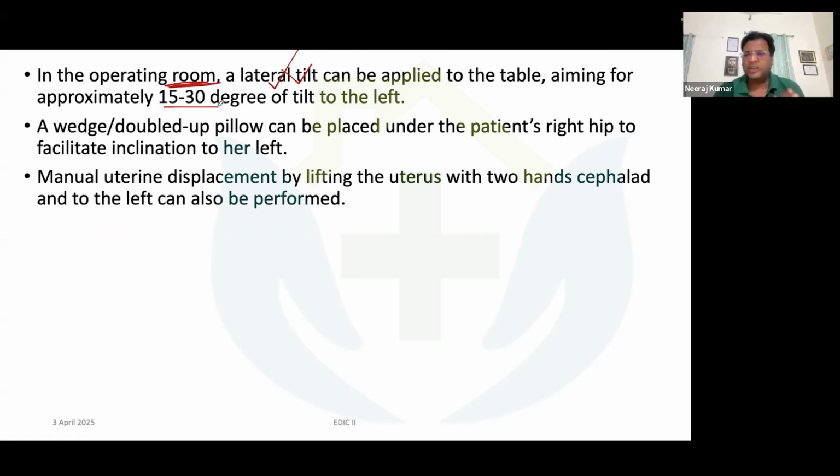When you tilt to the left, the gravid uterus, because of gravity, will not compress the IVC. Second, you can put a double-up pillow, and that can be placed over the patient's right hip to facilitate the inclination to the left. So if you elevate the right hip, the inclination to the left will automatically be there.